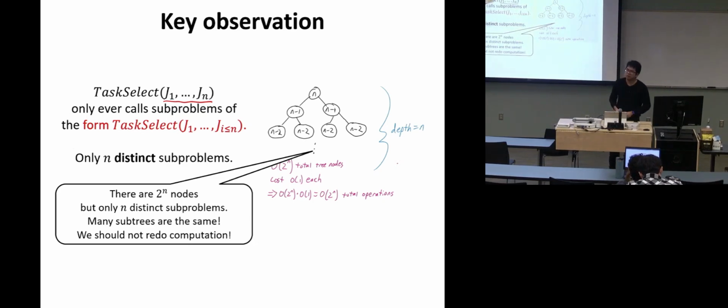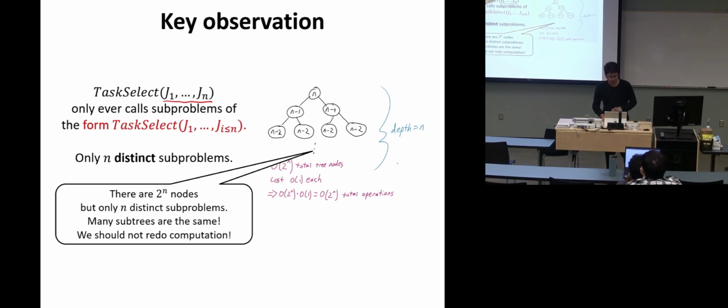So if we just expand the subtree like this, we actually redo a bunch of recomputation. We redo the same computation again and again. Now, how should we avoid that? Yeah, sacrifice some space, just store the result from a subproblem.